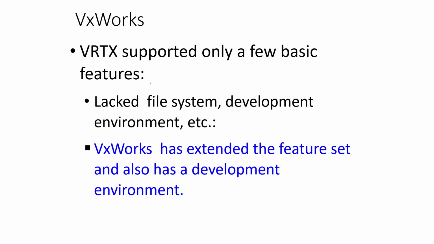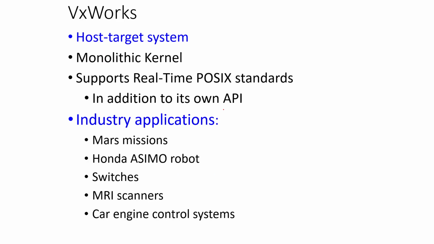So VRTX, as we have discussed, did support a few basic features, and its main problems were that it lacked a functional file system, and it didn't have a very good development environment. This is where VXWorks came in and provided a full feature set and also a development environment for a host-target kind of deployment.